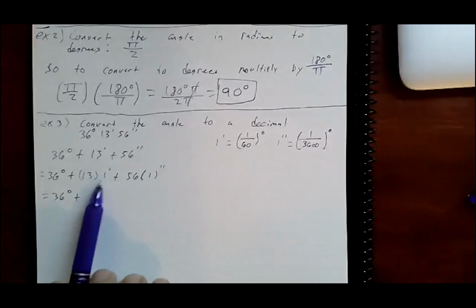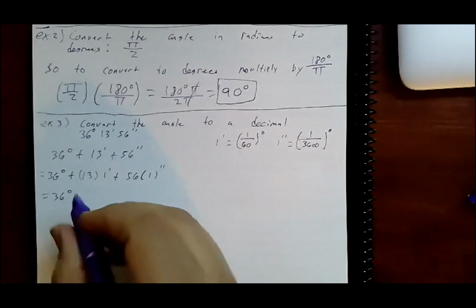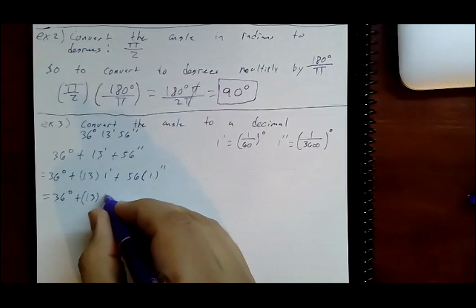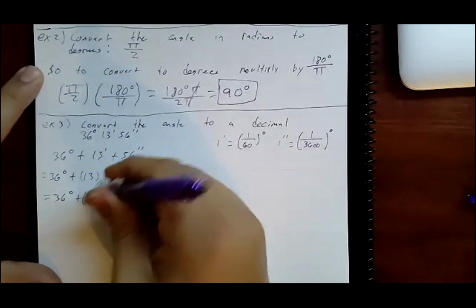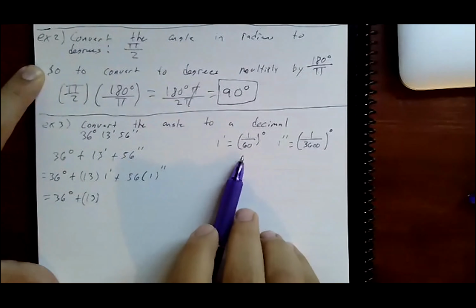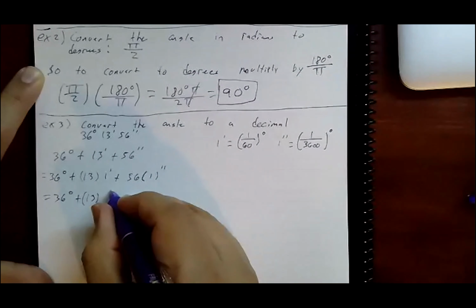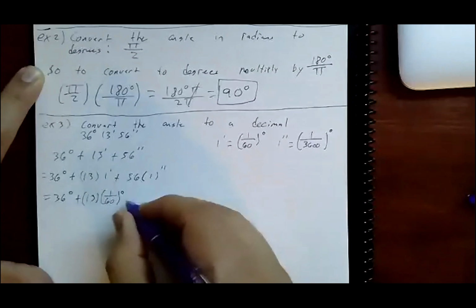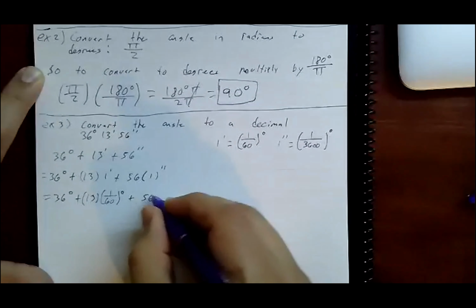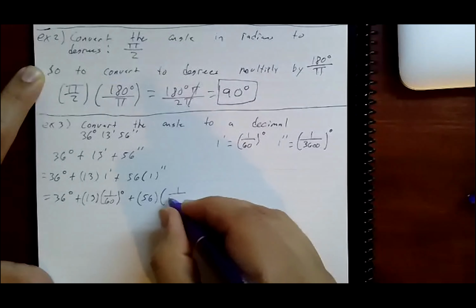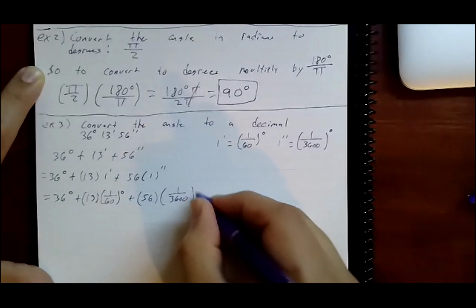All right, so change this guy. That'd be 13 times 1 over 60 degrees. Let me write that a little bit better. So I'm just using these formulas. 1 over 60 degrees plus 56 times 1 over 3600 degrees.